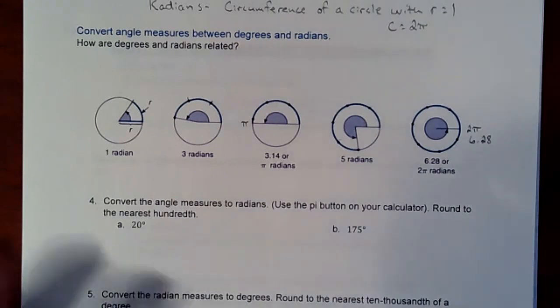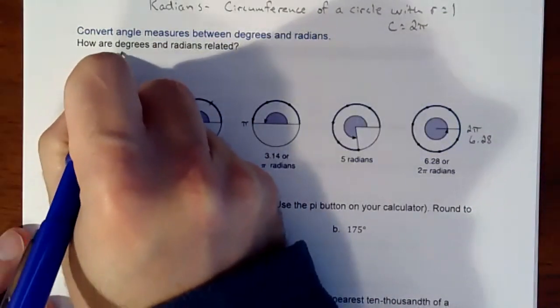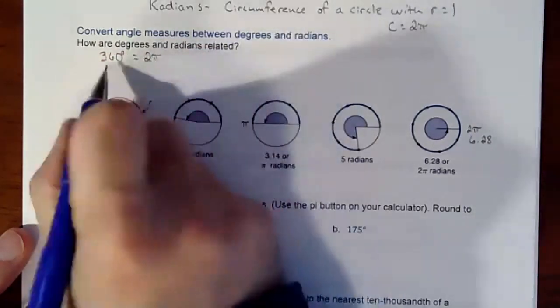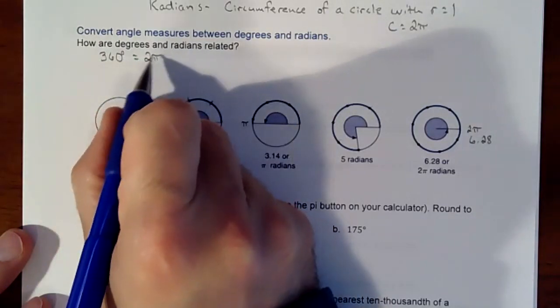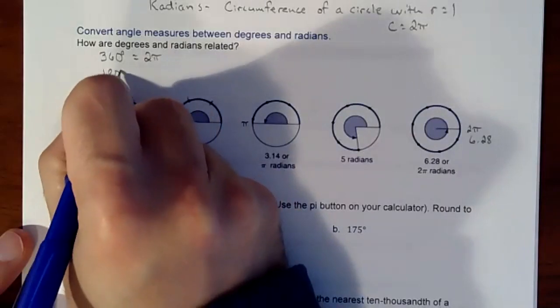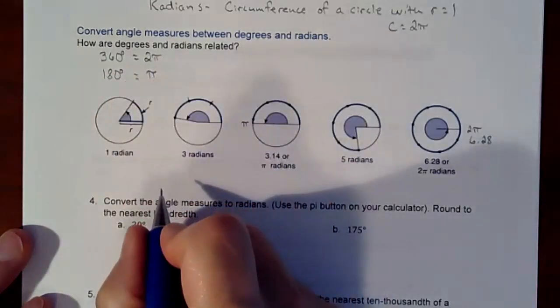So here's where this goes. That means that 360 degrees is equivalent to 2 pi. That's all the way around the circle with a radius of 1. So if you were to go halfway around, that'd be equivalent to 180 degrees. That would be half of a circumference.